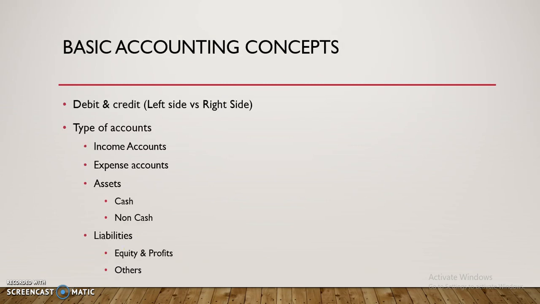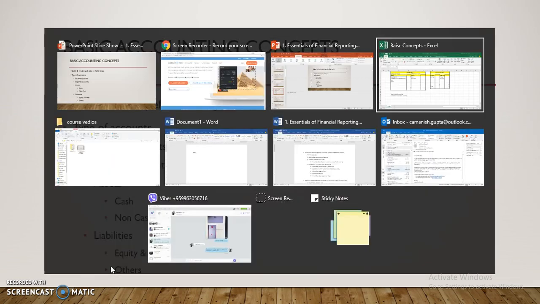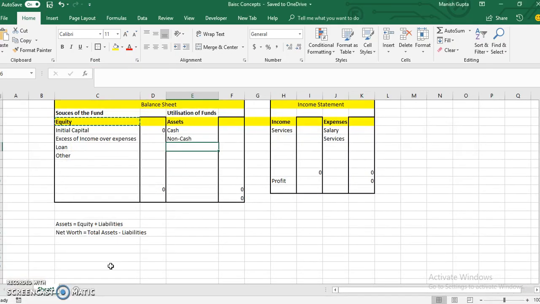So let's look at this in detail, step by step, building it and seeing it in action. We talked about four types of accounts: equity, assets, income and expenses. Income and expenses are part of the income statement. Assets and equity, or liabilities, are part of the balance sheet.